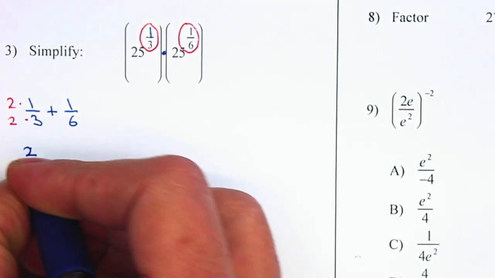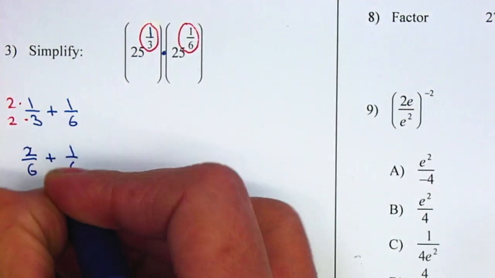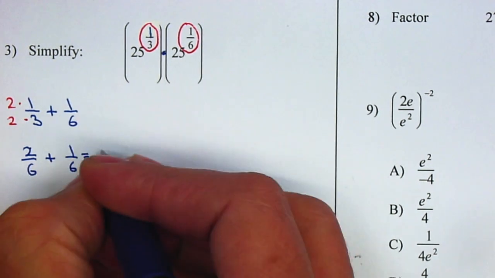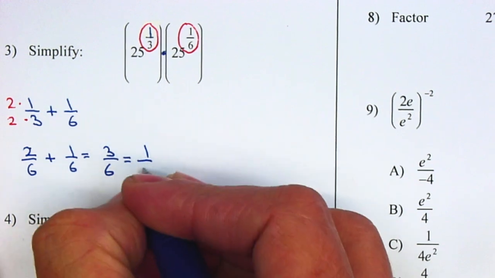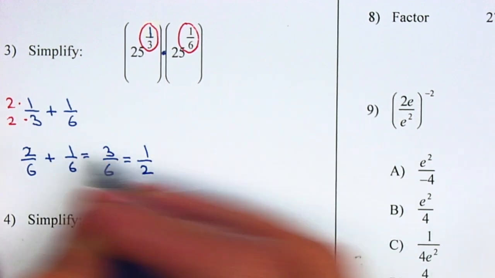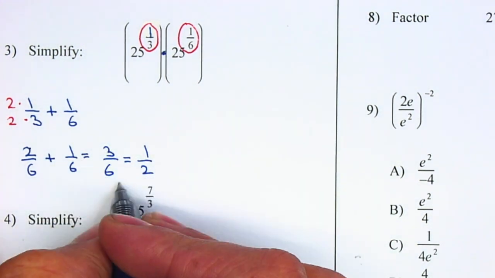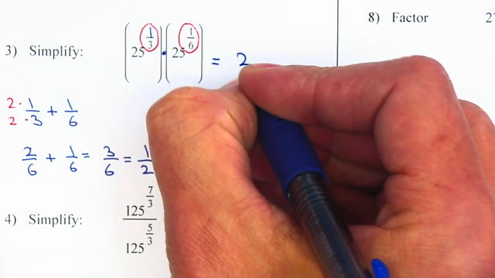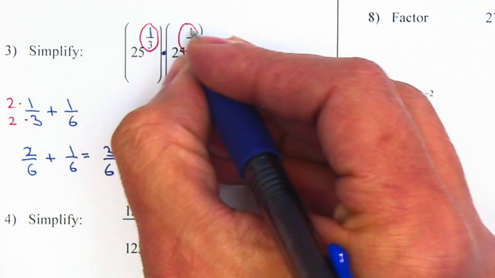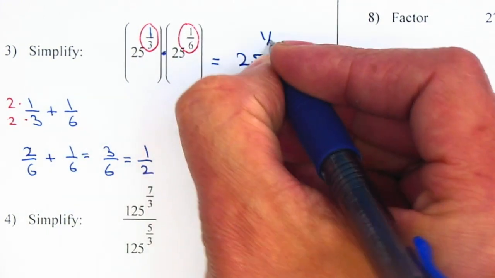That'll give me 2/6 plus 1/6. That gives me 3/6, which is equal to 1/2. I want to reduce my fraction, so divide the top and the bottom by 3, gives you 1/2. Therefore, we have 25 to the 1/3 plus 1/6, which is 1/2.